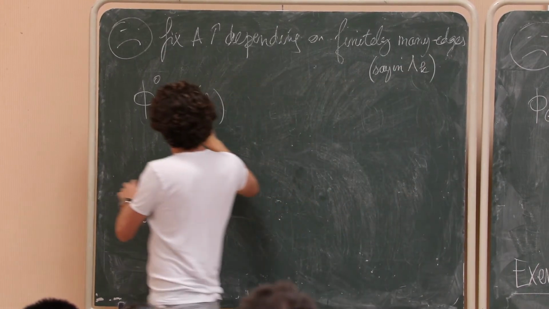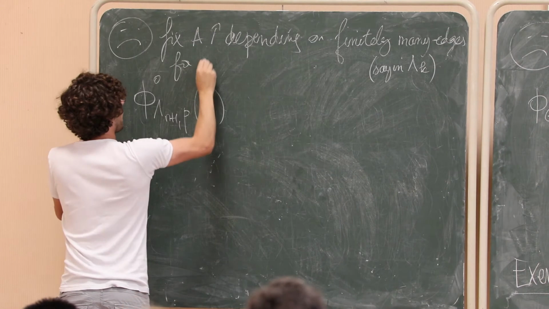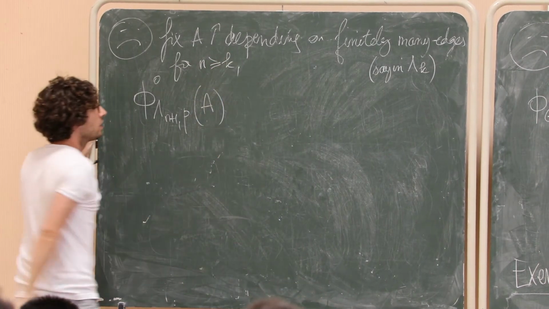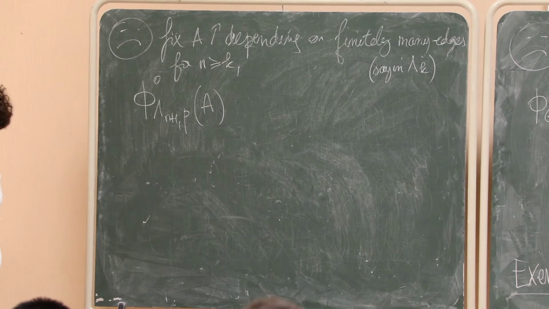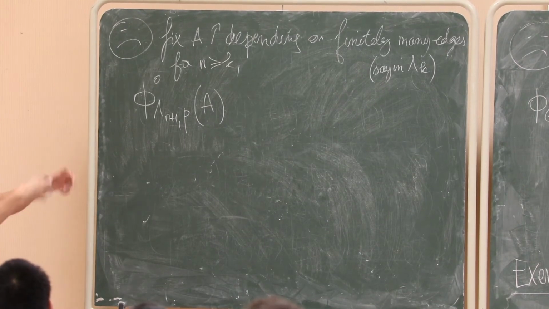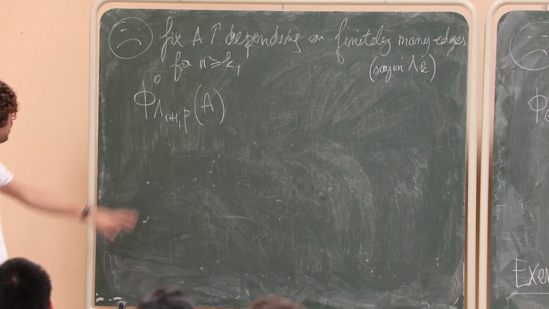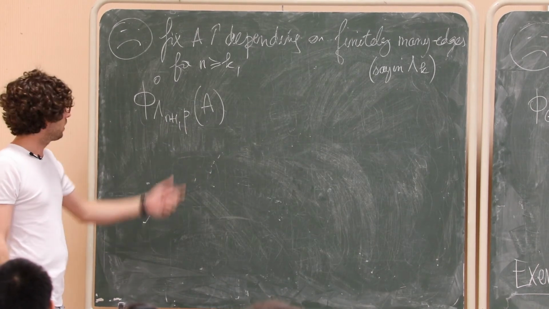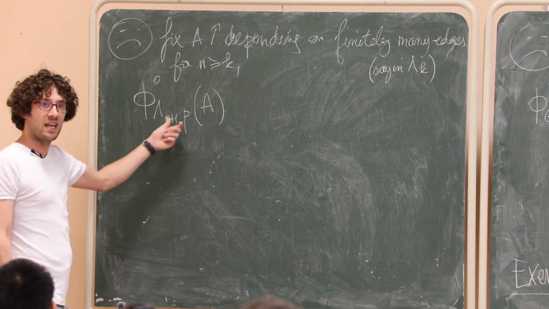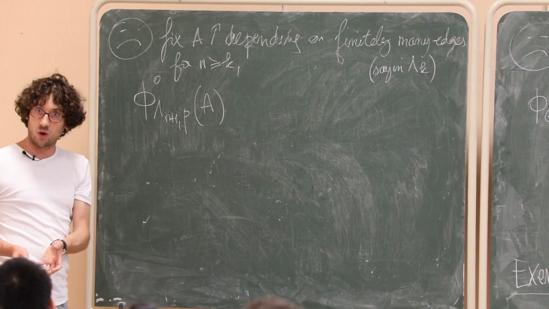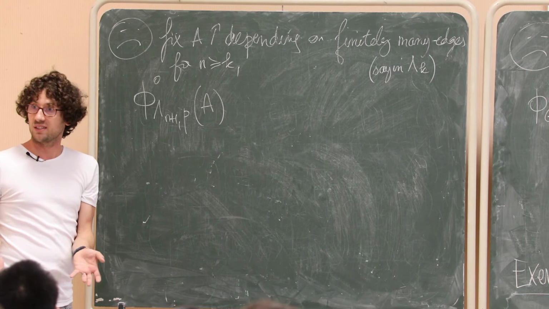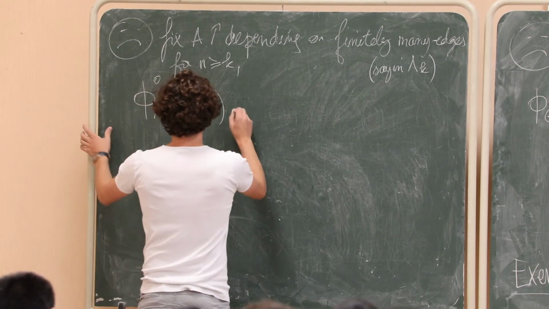And now I take n larger or equal to k. So A doesn't depend on any edge which is outside the box of size n, so I can condition on all the edges outside the box of size n.